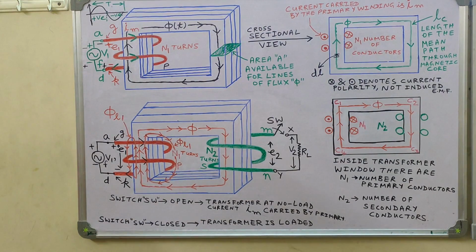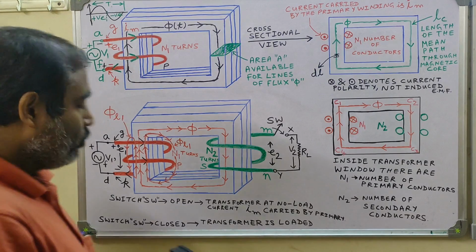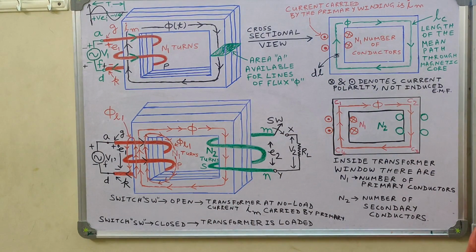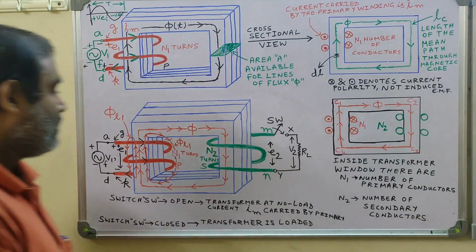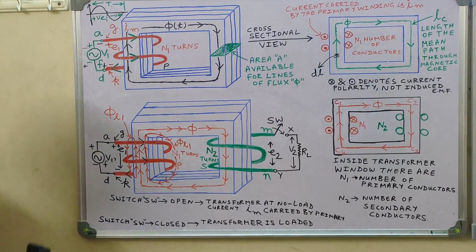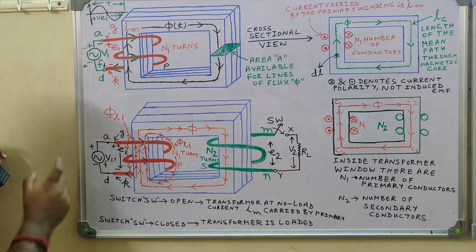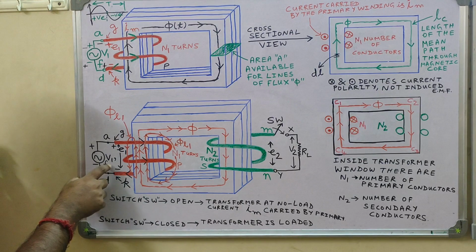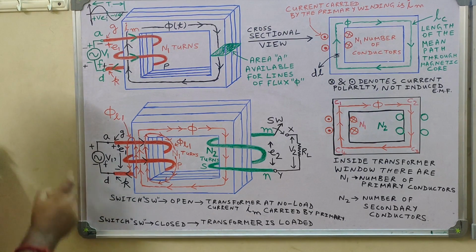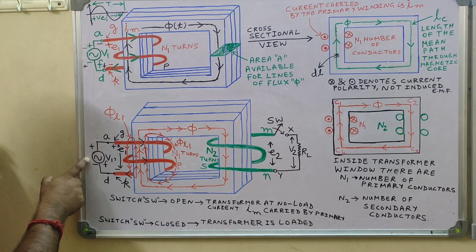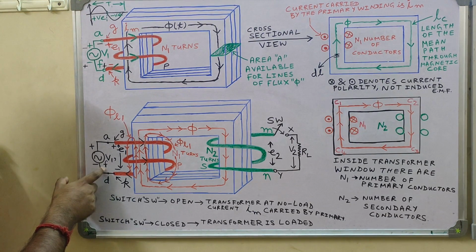Okay. Now let us think about the working of the transformer under applied voltage. Let's say we have applied a sinusoidal voltage V1 having frequency F. V1 is the RMS value of the applied voltage, and it has a frequency of F Hertz.